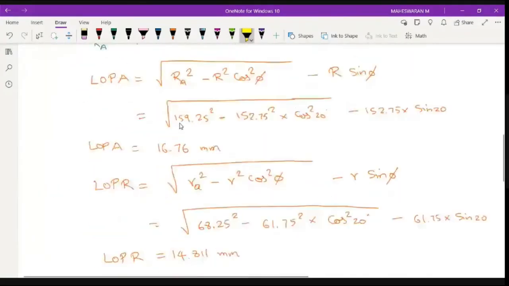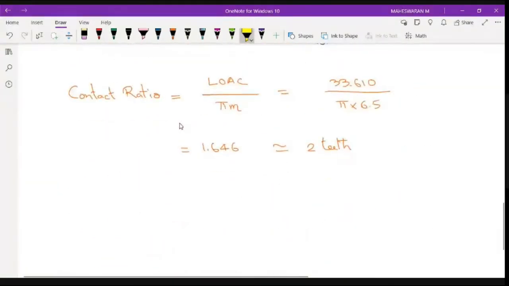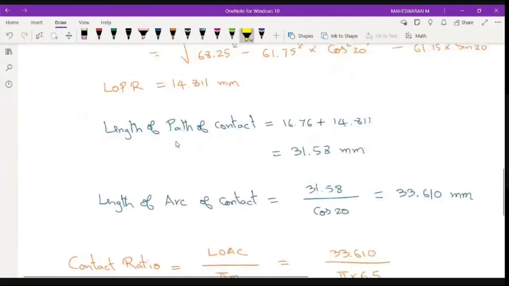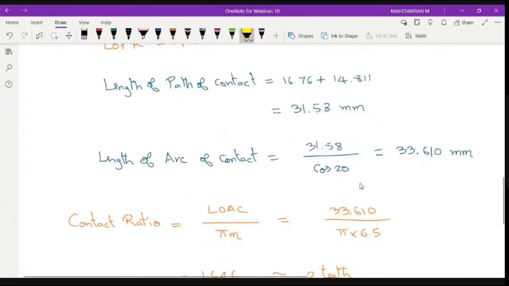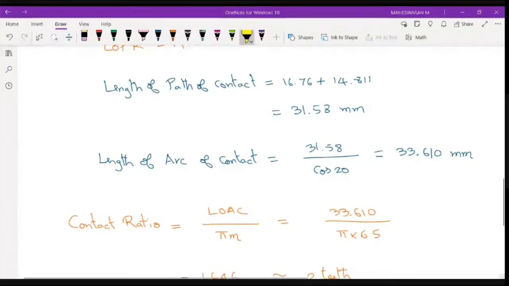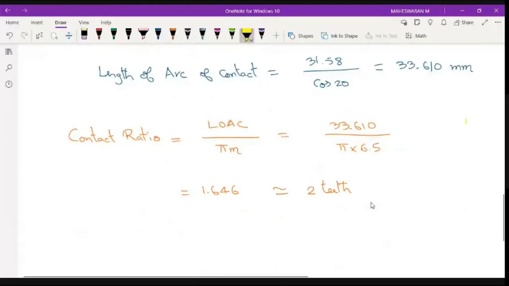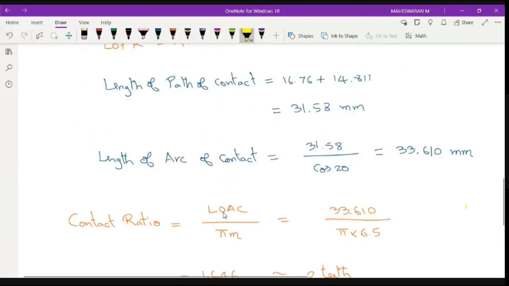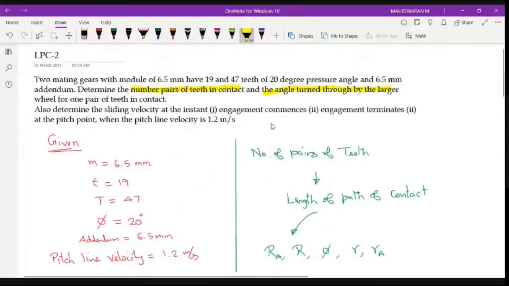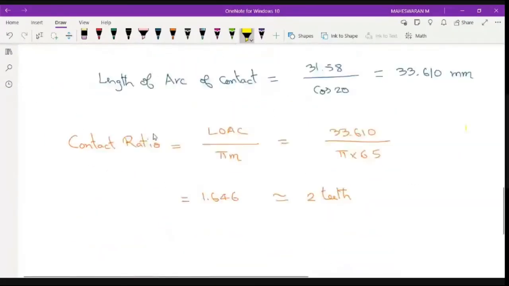To identify this, of course, you need the length of arc of contact. With respect to that only we can identify it. So it is the length of arc of contact, then divide by what? Instead of circular pitch, you have to divide by the circumference of the gear which is having contact. That is where you are able to identify the angle turned.